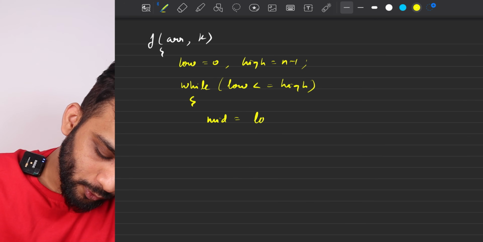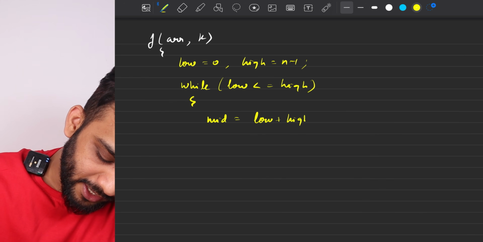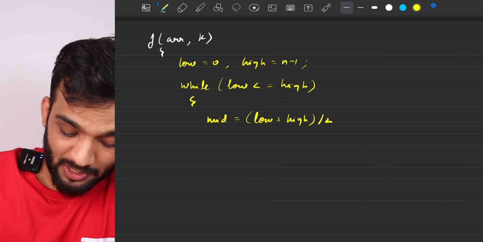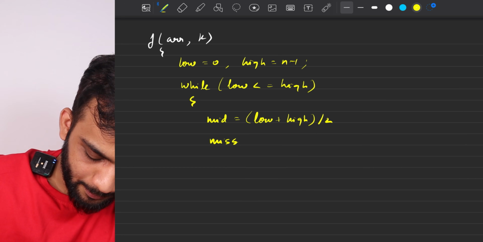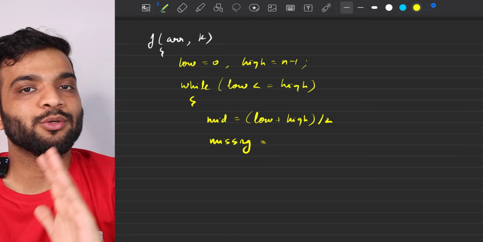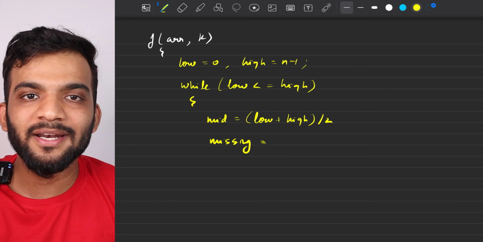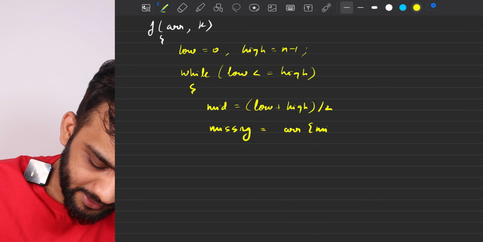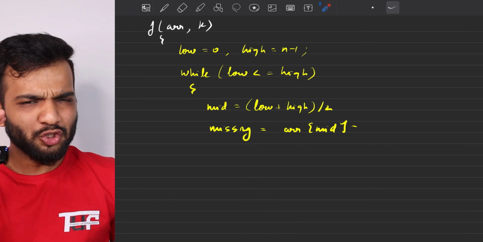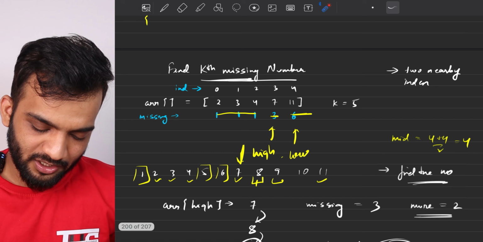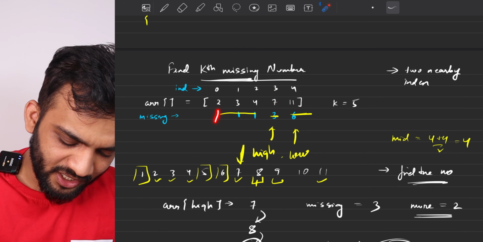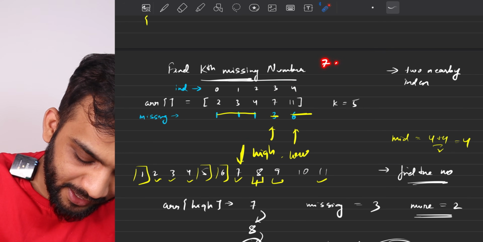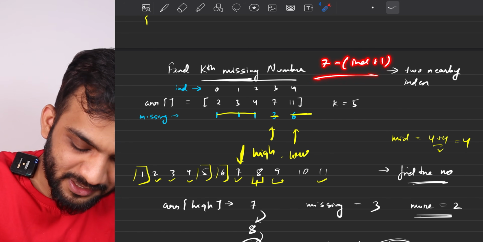What's the next job? Finding out the mid, which is low plus high by 2. Right? What is the next job? You have to figure out how many are missing, because on that basis, you either eliminate left or you eliminate right. How many are missing? Can I say array of that mid index minus what should be there originally? Because if I'm having 7, originally it should have been 4, which is 1 plus index. Can I say 7 minus index plus 1 will be the missing number?